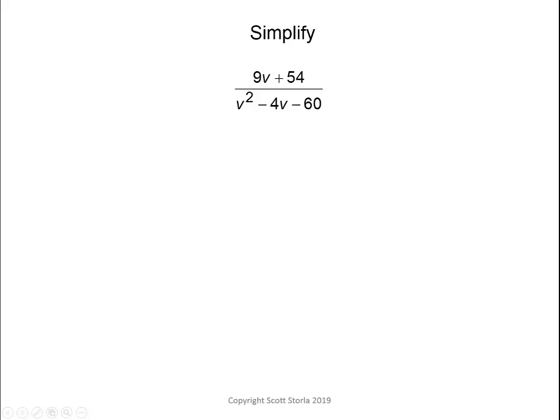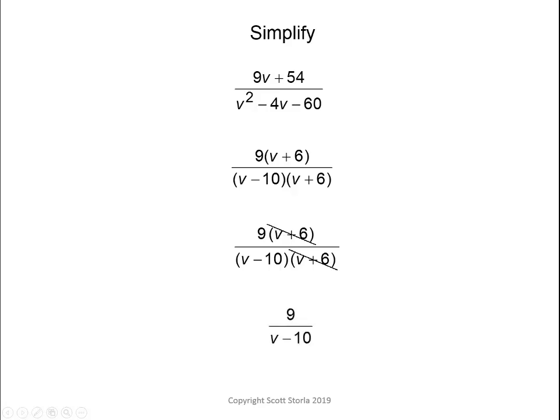You're going to have to factor both the numerator and denominator this time. In the numerator, I have a greatest common factor of 9. In the denominator, I'm looking for two numbers that multiply to negative 60 but add to negative 4, and negative 10 and positive 6 come to mind. So I factor. Notice I have a common factor of b plus 6, reduce, and here's my simplified form.